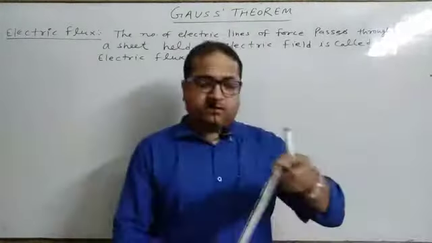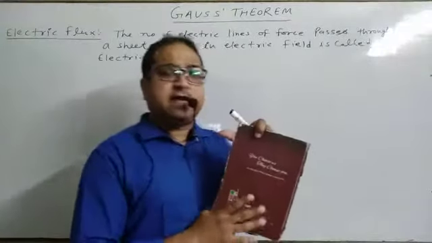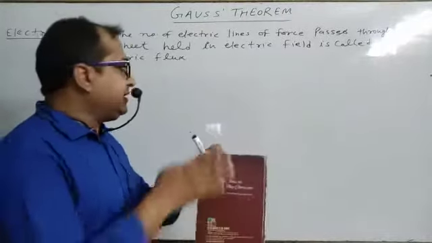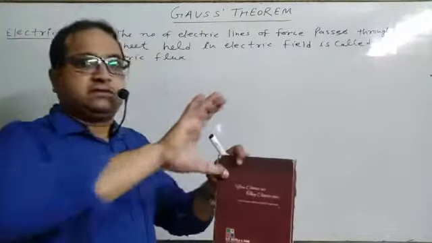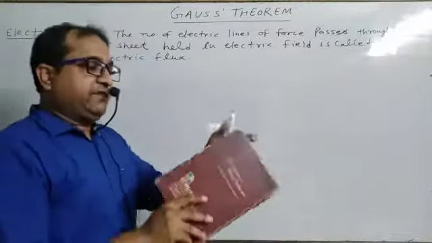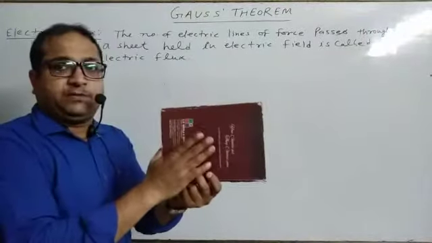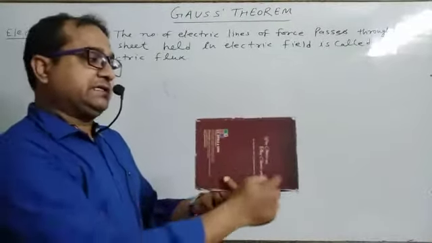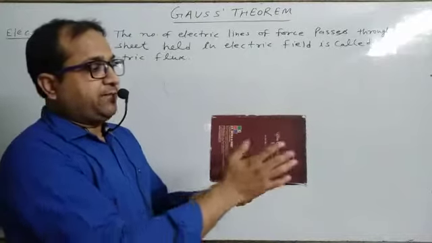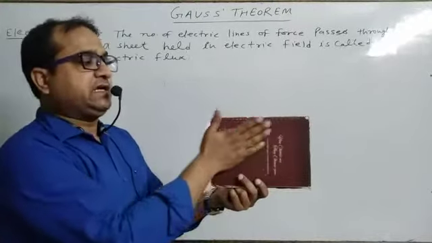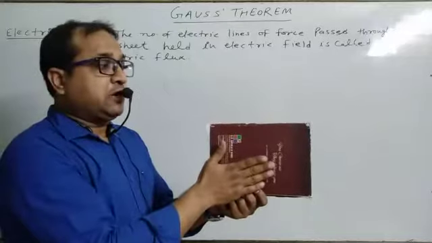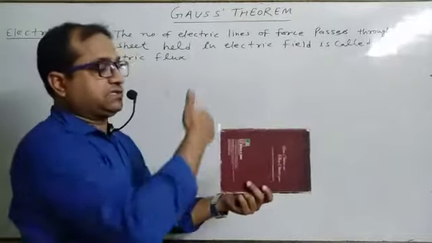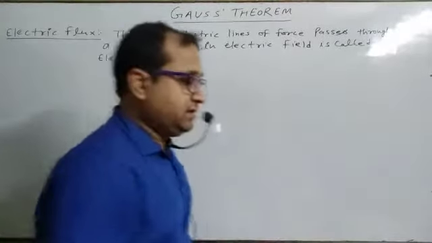If this is the plane surface or sheet held in an electric field, and the direction of electric field is this. If we place the sheet in the electric field, the number of electric force lines that pass through this surface is called electric flux, but do not count the electric field on this outer side, only inside.